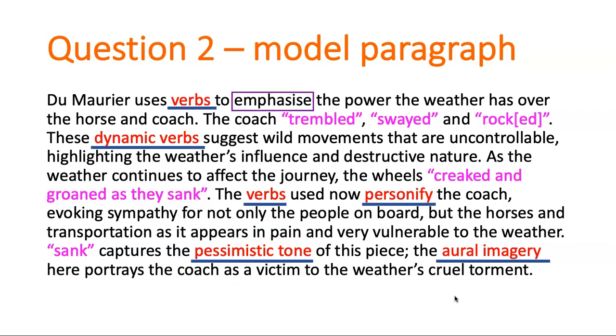So I've said to emphasize, to suggest, highlighting, evoking, portrays, so portraying. So all of these sorts of words, including things like implies, those kind of words are really, really useful when you're analysing. You can really think about what you can extrapolate from the language, okay?